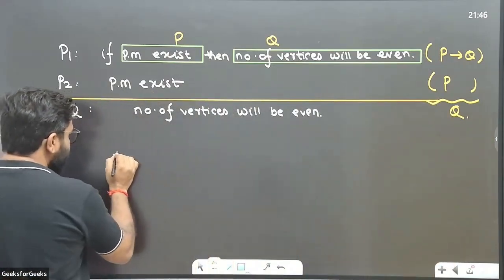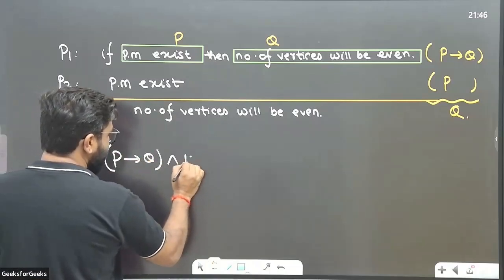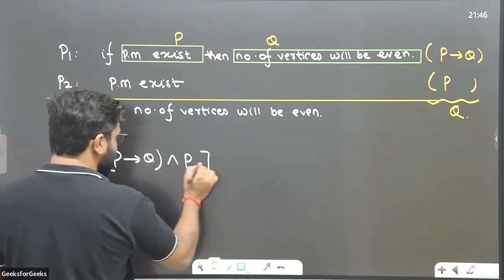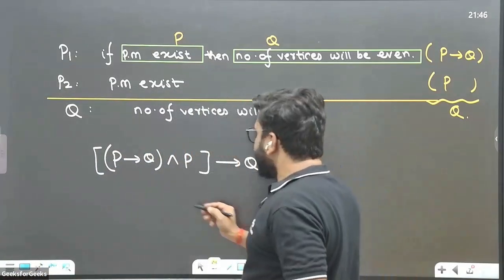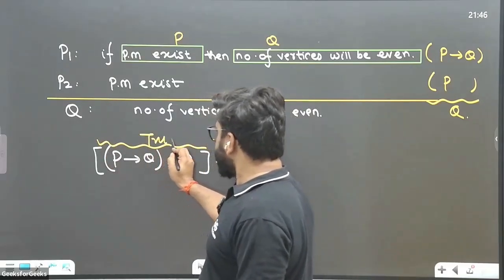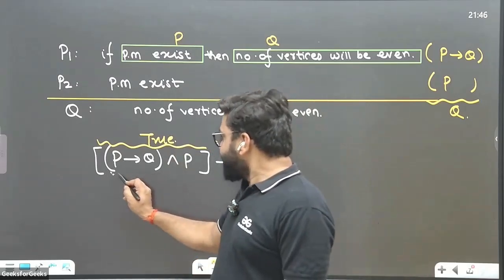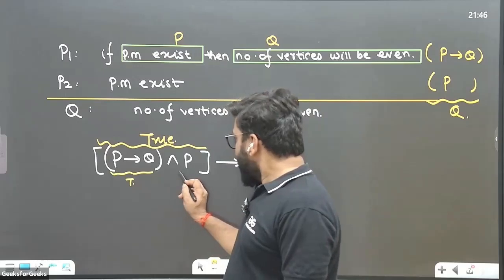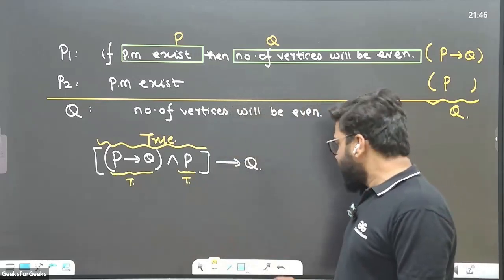This is one way of writing. Another way of writing: P implies Q is there and P is there, and then the whole thing implies Q. Now, according to the inference rule, I will consider the left side as true, so I have to check the conclusion.